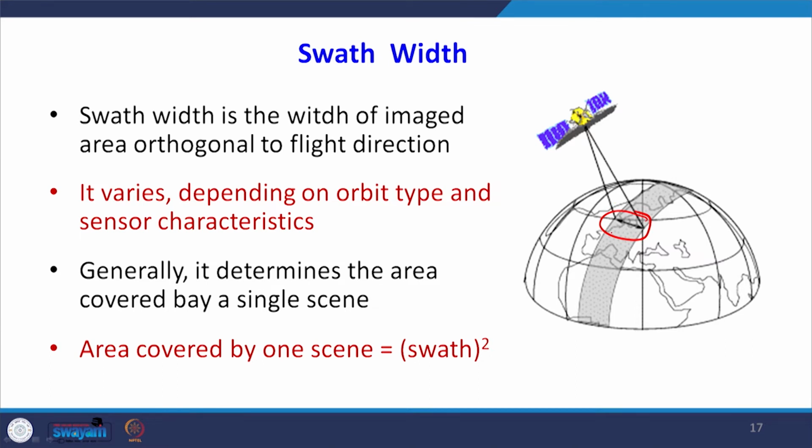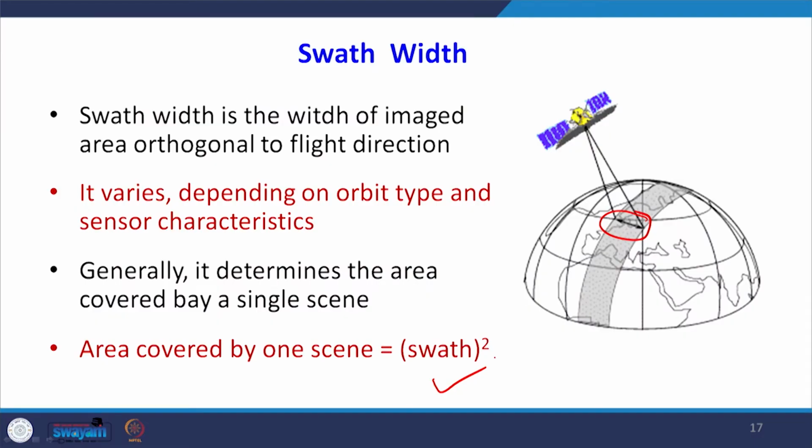And this swath width is very important because the swath width will also determine the size of a scene. Normally, a satellite scene takes a square shape. So, if x is the swath width, then in the perpendicular direction also it will take x. So, the dimension of the scene will be x multiplied by x. That is what it says, that the area covered by one scene can be calculated as swath square.